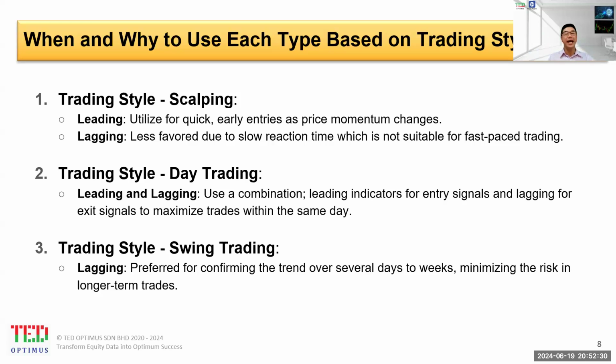So when and why to use each type based on what? Now we say based on market condition. For a volatile market, swinging high and low, moving up and down, leading indicators will be more effective because they can indicate early shifts in momentum before the new trend is established.